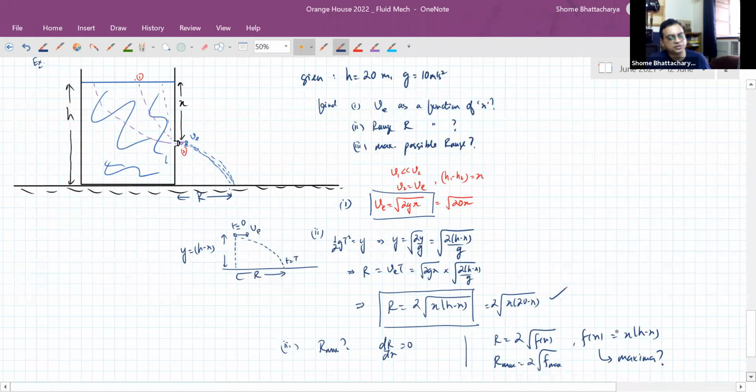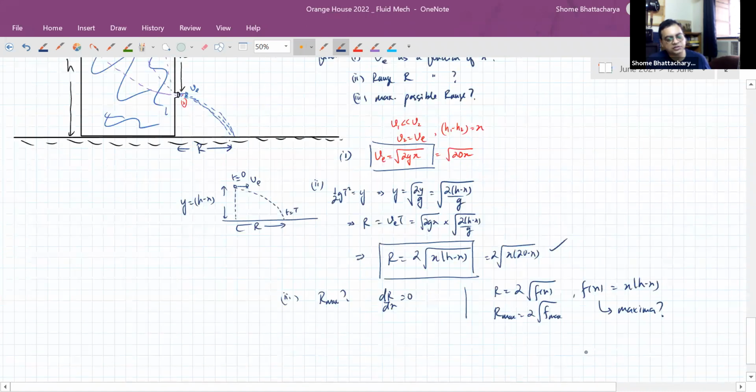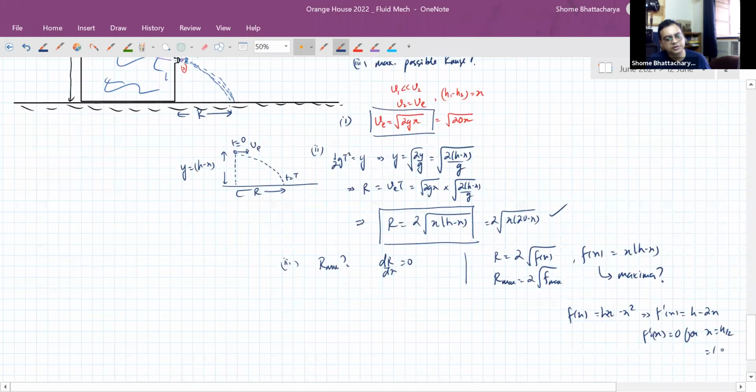For maxima minima, just use the concept that the derivative of the function, f prime x, is equal to 0 for x equal to h by 2, or 10 meters.